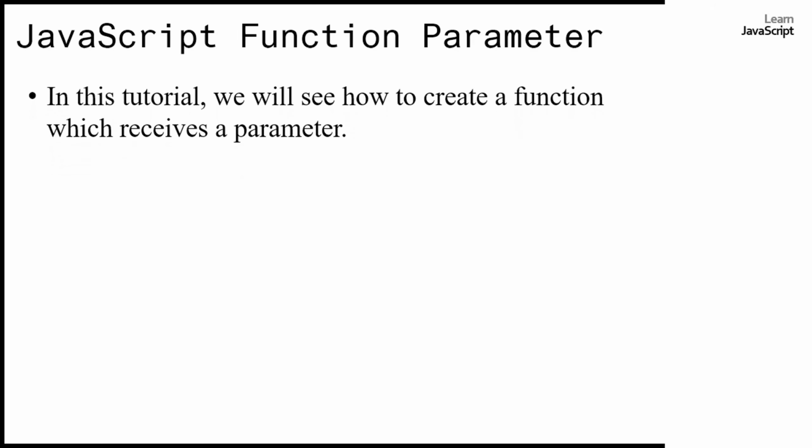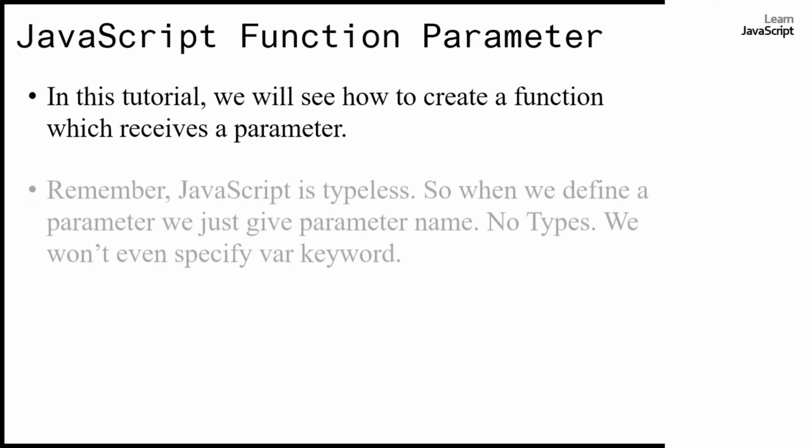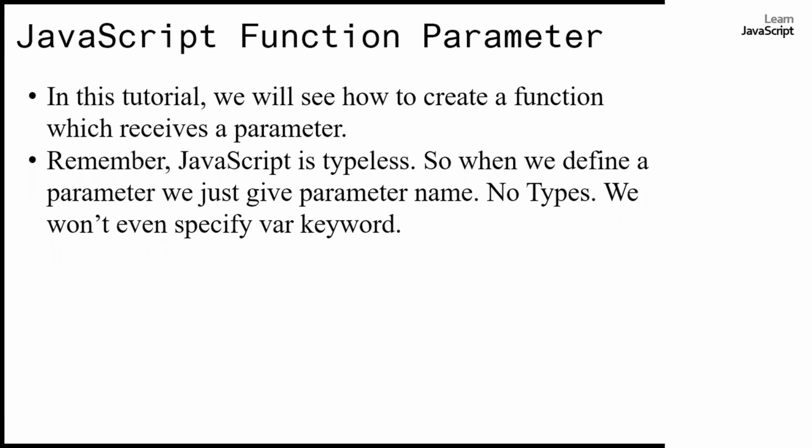In this tutorial, we will see how to create a function which receives a parameter. Remember, JavaScript is typeless. We saw that many times in the video series. So when we define a parameter, we just give the parameter name because there are no types.